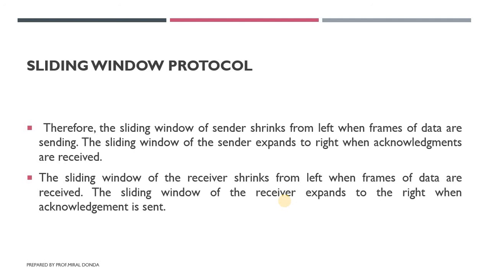Similarly, the sliding window of the receiver shrinks from the left when frames are received, and expands to the right when an acknowledgement is sent. So these are opposite to each other. This is how the sliding window protocol is used.